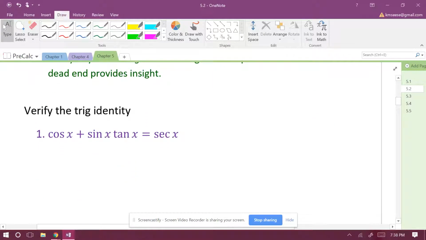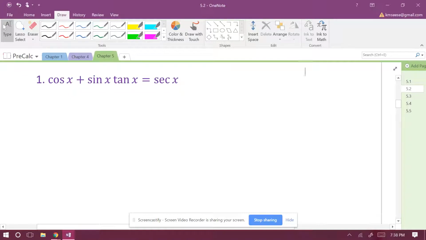All right, so our first example here: cosine of x plus sine of x times tangent of x equals secant of x. It's going to be easier to manipulate the left side of the equal sign here because it's easier to simplify, as I mentioned earlier. All right, so one rule, put everything in terms of sine and cosine. So I have cosine of x plus sine of x times tangent of x, written as sine of x over cosine of x.